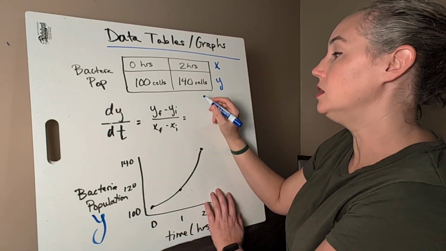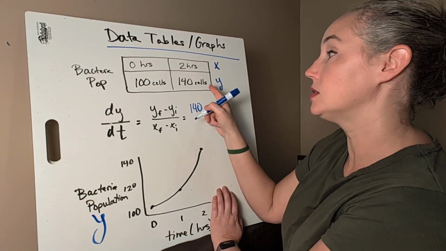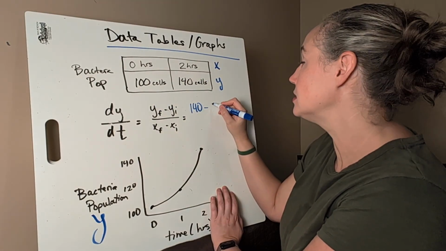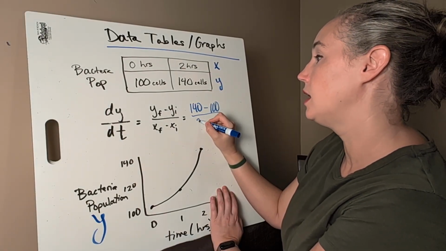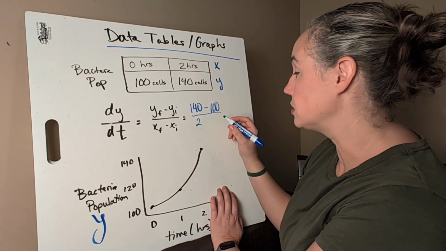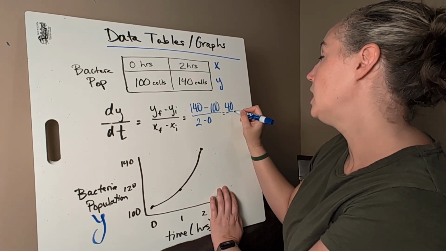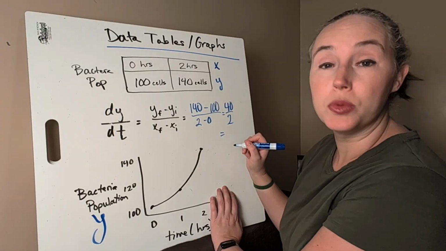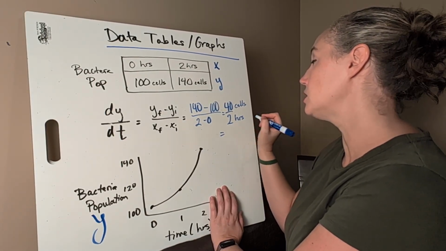So y final is 140 cells minus y initial, 100 cells, divided by 2 hours, x final minus x initial, 2 minus 0, equals 40 over 2, and that's 40 cells in 2 hours.